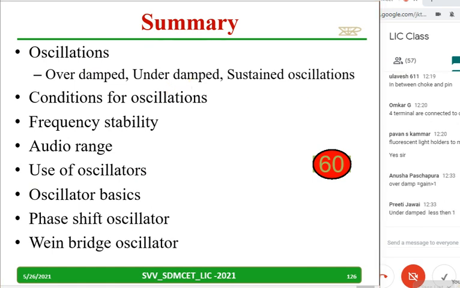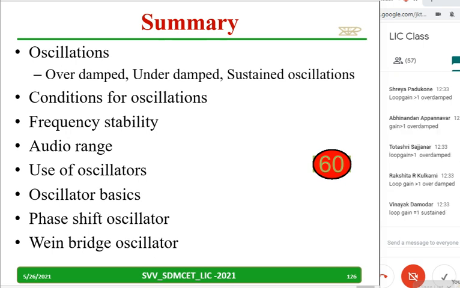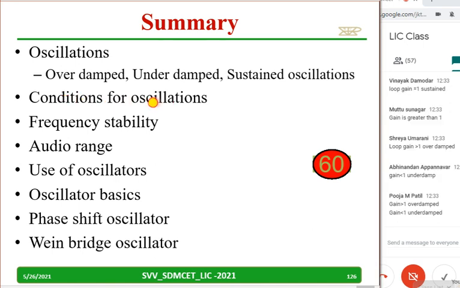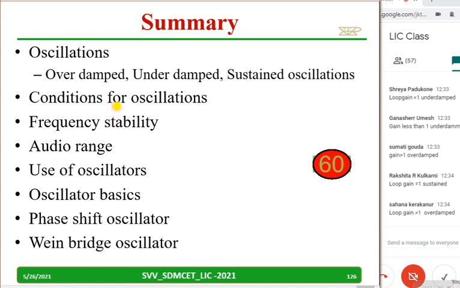Okay, Anusha is telling overdamped, sir, when gain is greater than 1, underdamped less than 1, loop gain equal to 1, sir, sustained. Yeah, answers are coming now. Again, loop gain is greater than 1, overdamped. Yeah, very good. Somebody can type the conditions for oscillation, and somebody can type what frequency stability means. Very good. Most of the students are typing loop gain greater than 1, sir, it is overdamped.